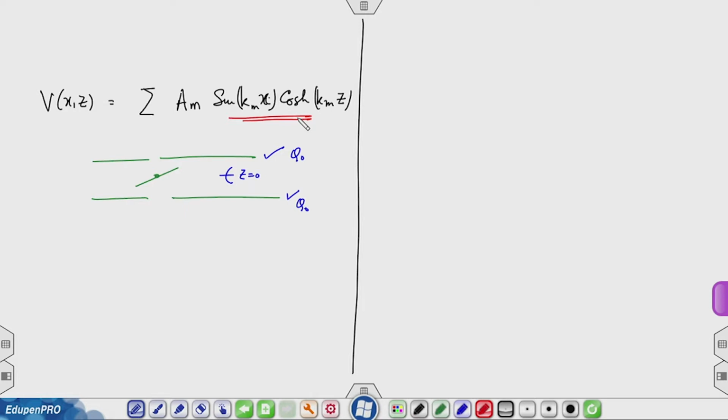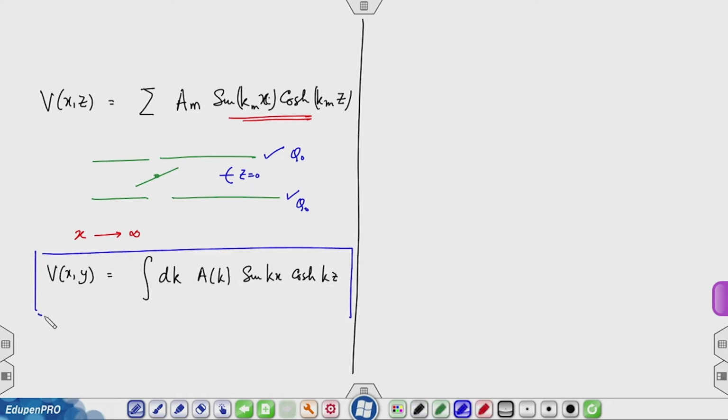Now, here x goes up to infinity. So, instead of the sum, the solution should be written actually as a Fourier series. So, this is going to be actually integration over k, a k sine of k x cos hyperbolic of k z. This is the true solution, because x boundaries are at plus or minus infinity.